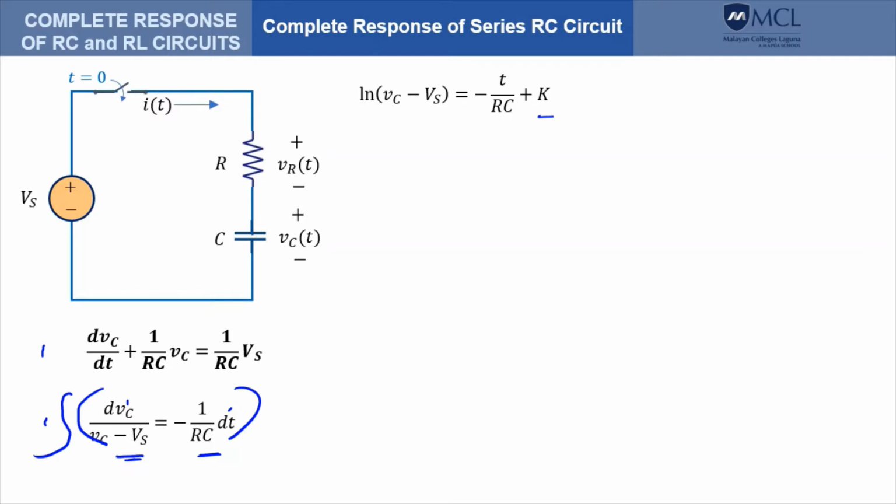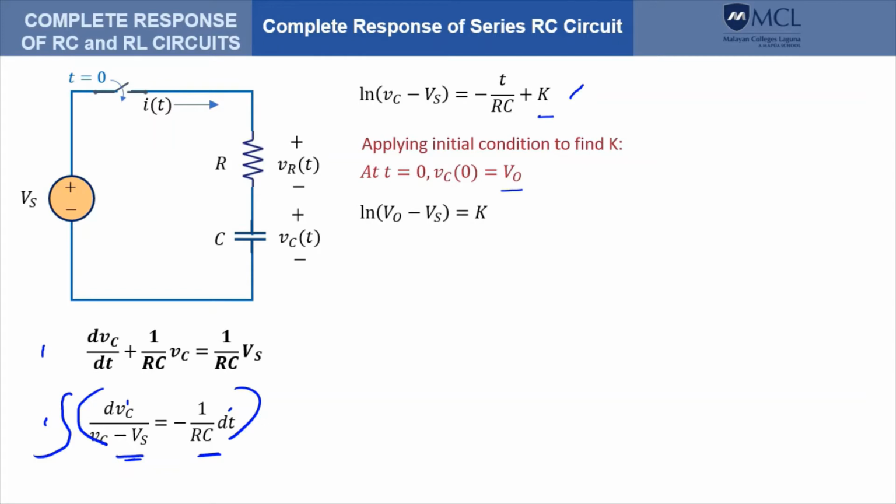For example, what is the value of v sub c at t equals 0? Let's assume that v sub c at t equals 0 is equal to v sub naught. Applying this initial condition to this equation will give us a value of k equal to this one.